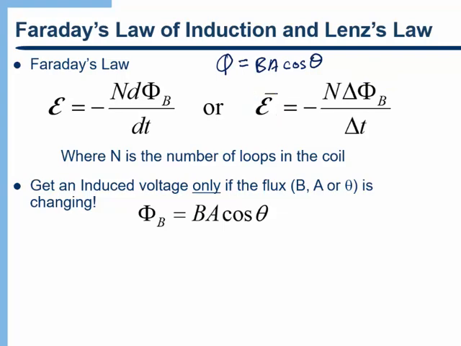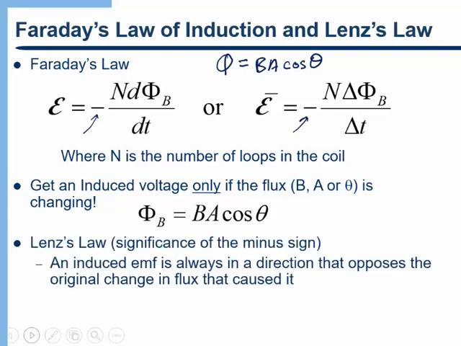Now, one of the things you'll notice about both of these formulas is that there is a minus sign in them. And that minus sign actually has a law of its own. And this is the significance of those minus signs. And we call it Lenz's law.